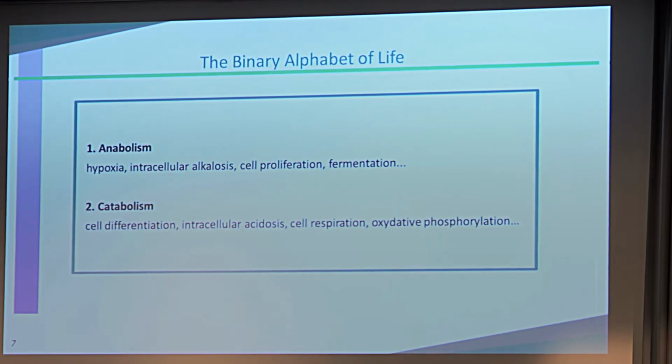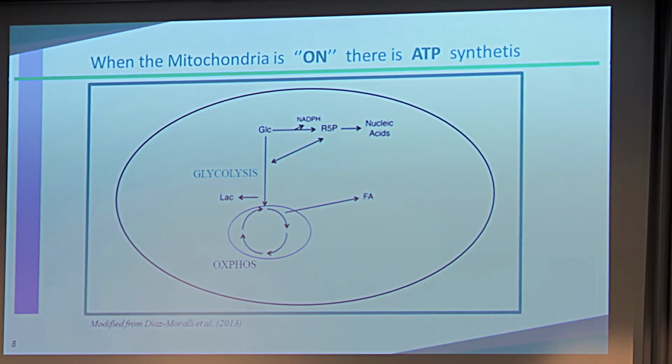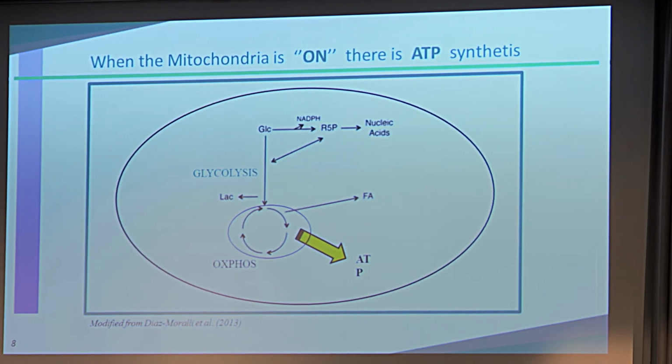Cells can do either one or the other. They cannot do both. And it's rather simple if you want to look at it. Either the mitochondria is on, it's working, so you have ATP formation, or the mitochondria is off and you have biomass formation. So if you have ATP formation, most of the energy goes into gradients.